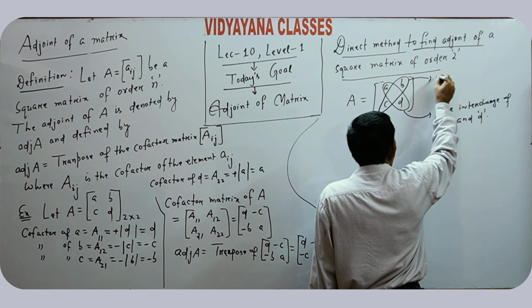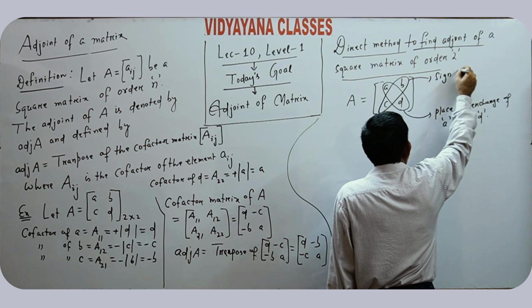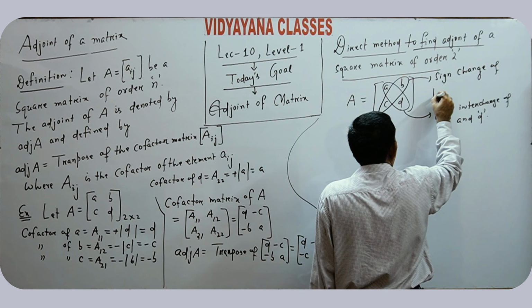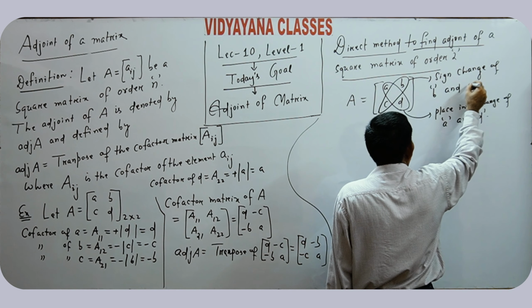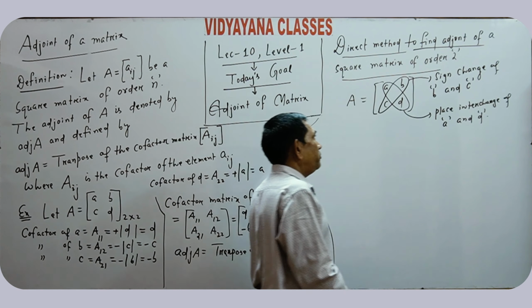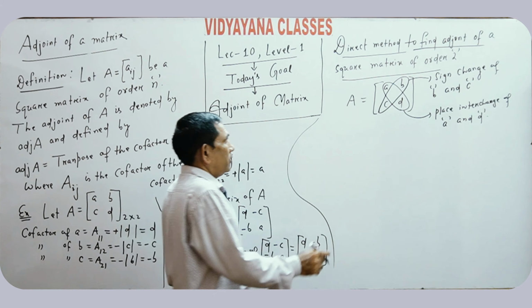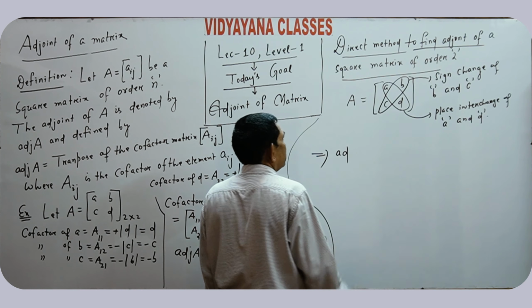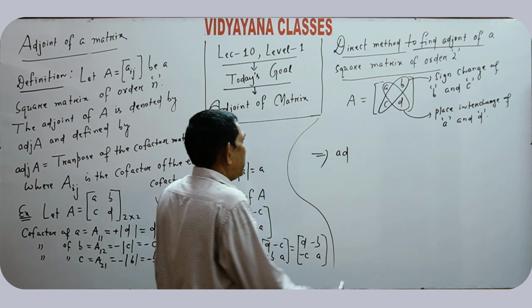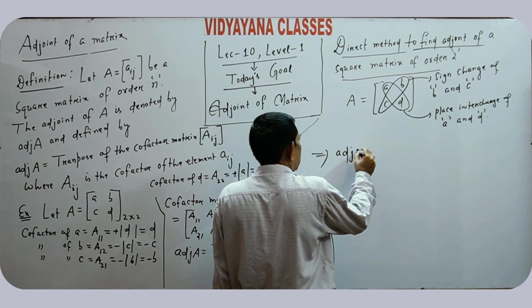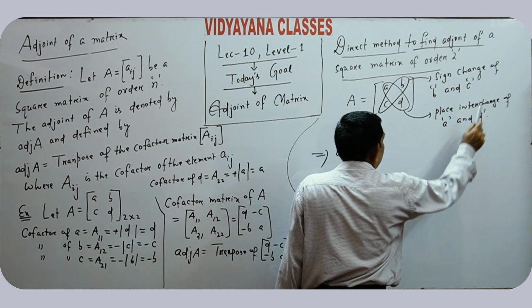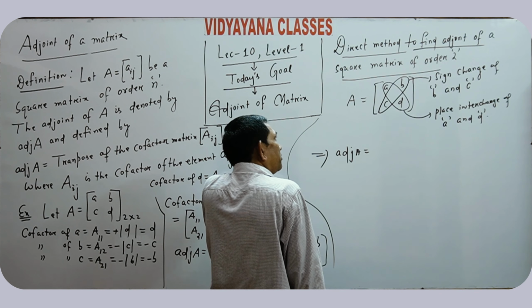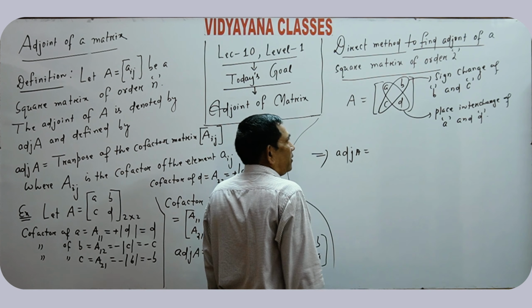Sign change of B and C implies adjoint: place interchange of diagonal elements.